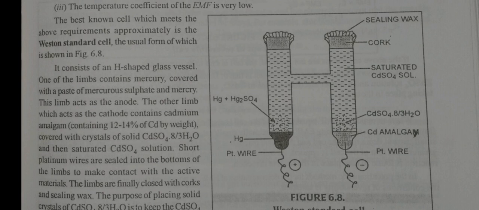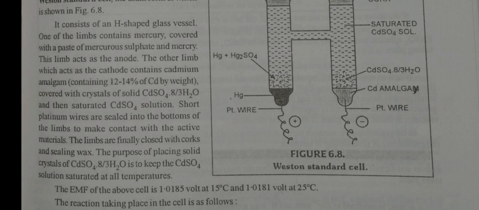The other limb, which acts as the cathode, contains cadmium amalgam covered with the crystals of cadmium sulfate into 8 by 3 moles of water, and then saturated cadmium sulfate solution. Short platinum wires are sealed into the bottoms of the limbs to make contact with the active materials. The rims are finally closed with corks and sealing wax.